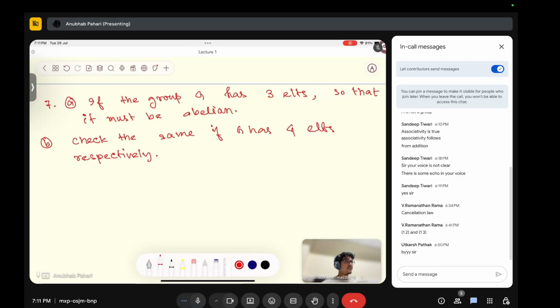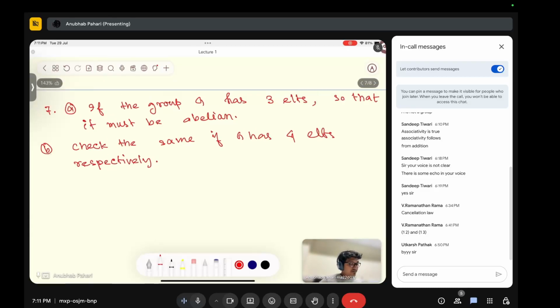Okay, so the solution for A. Let G be {A, B, E}, right?